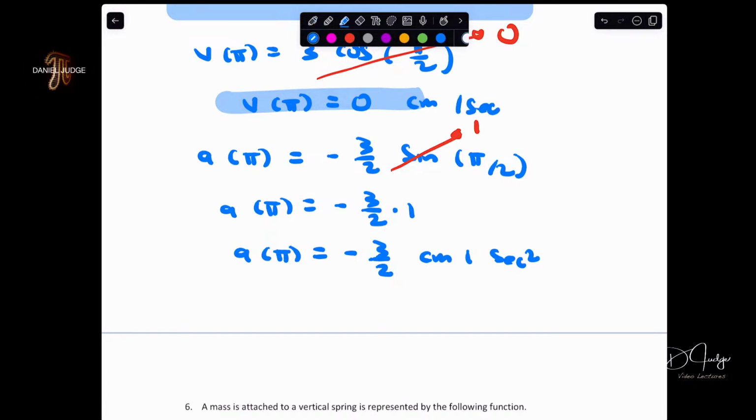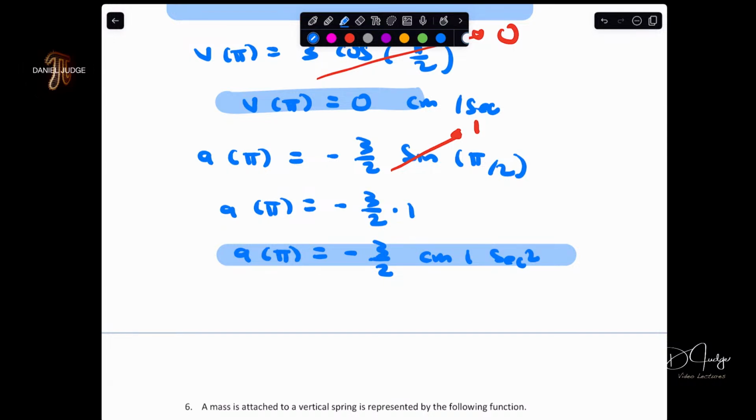Now, I want to point this detail out like I talked about earlier in class. Velocity of 0 means a particle has stopped. And it's being pulled to the left because acceleration is negative. So you have a particle stopped at that time and it's being pulled to the left.